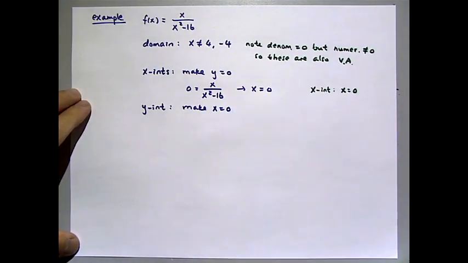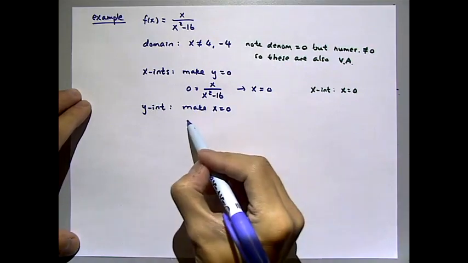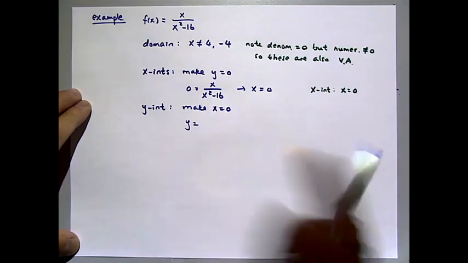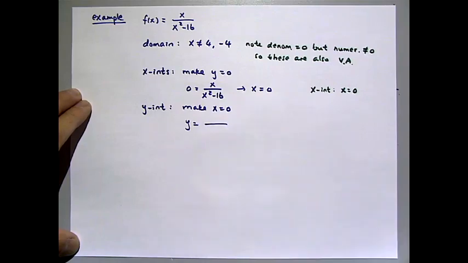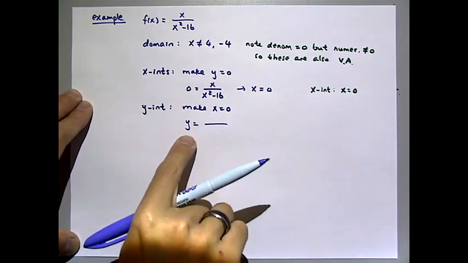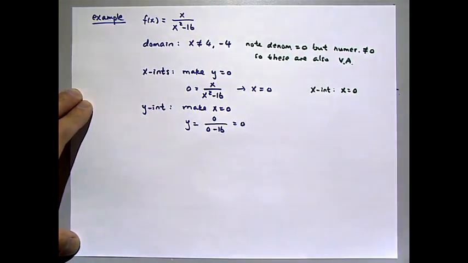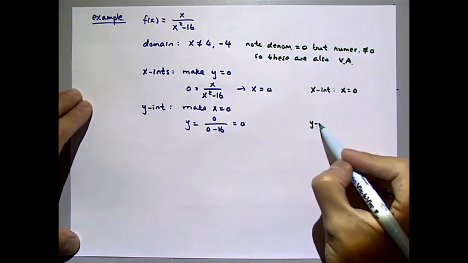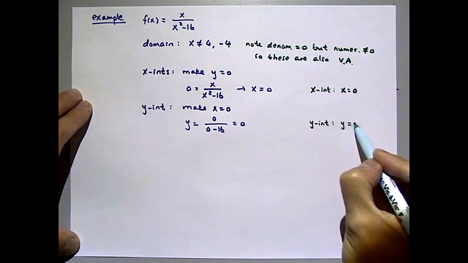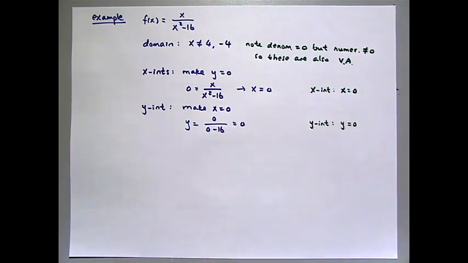You find that by making x equal to 0. Therefore, y is equal to 0 over 0 minus 16. That's, of course, 0. Therefore, the y-intercept is y equal to 0, which happens to be the same point again. These are the same location. 1 point. That's all we got so far.